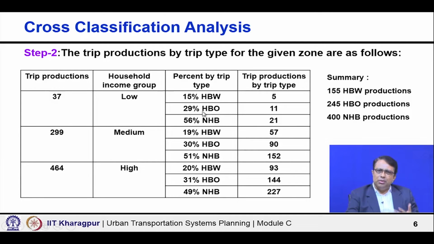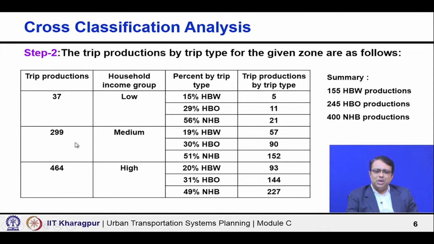Those curves give us these values. Accordingly, of 37 trips, 15% is about 5 trips, 29% about 11 trips, and 56% about 21 trips. So, we can tell how the trips are going to be by type of trip.